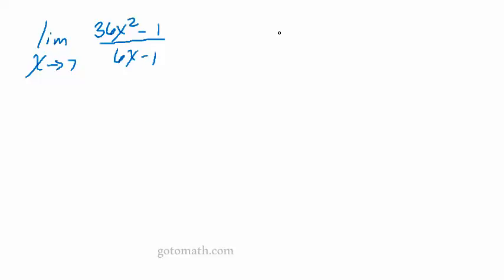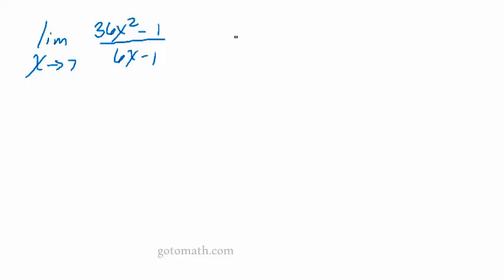So we have the limit as x approaches 7 of 36x squared minus 1, all over 6x minus 1.